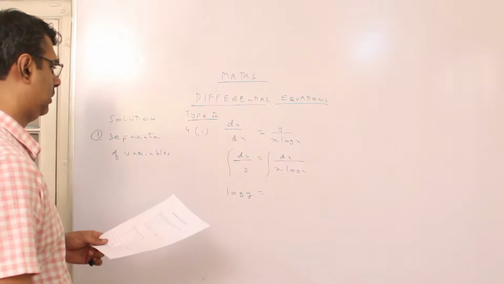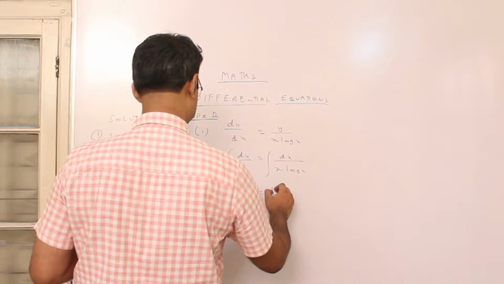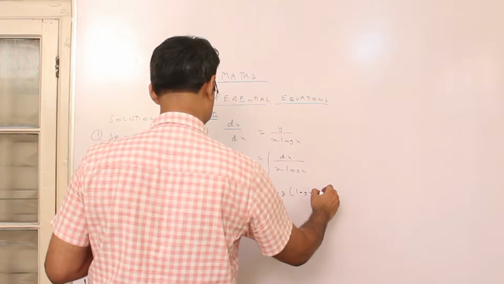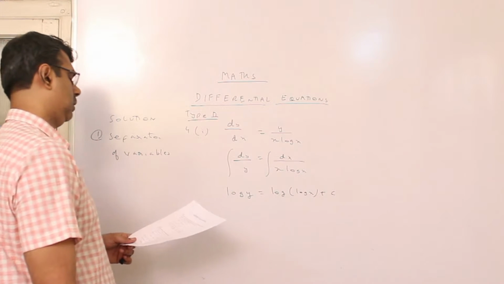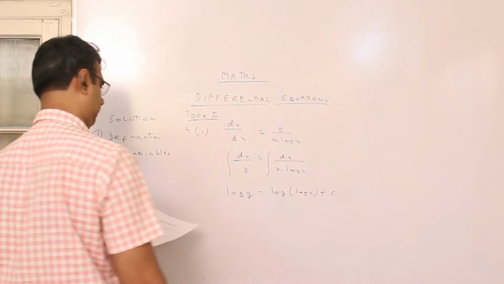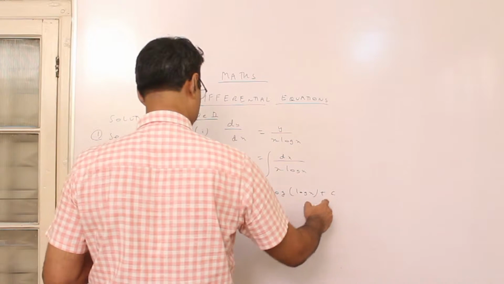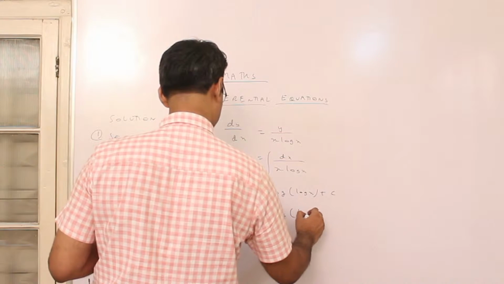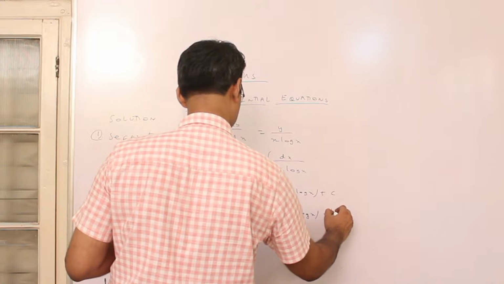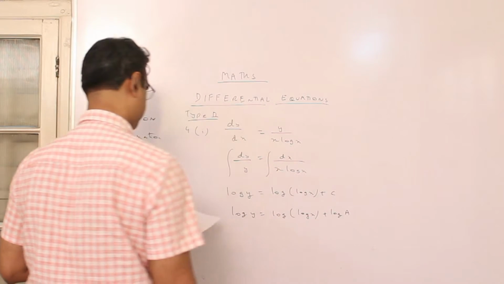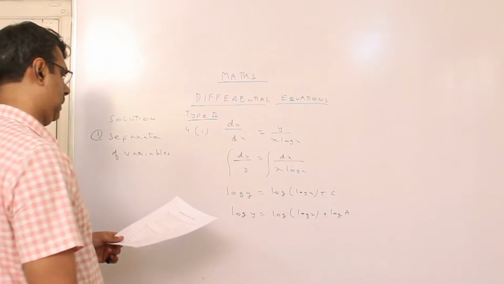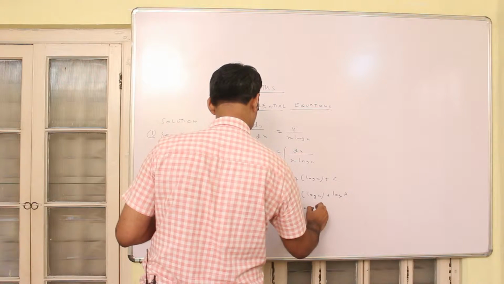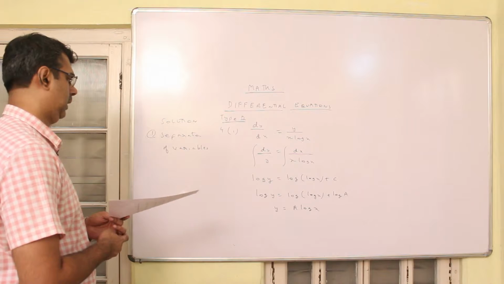So integration dy by y is equal to integration dx by x log x. Integration dy by y is log y, which is equal to log log x plus c. So we are getting log y is equal to log log x plus log a. So y is equal to a log x.